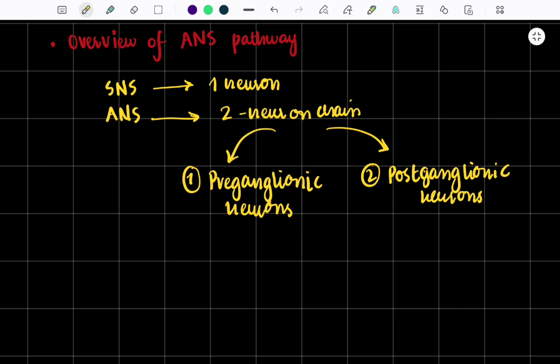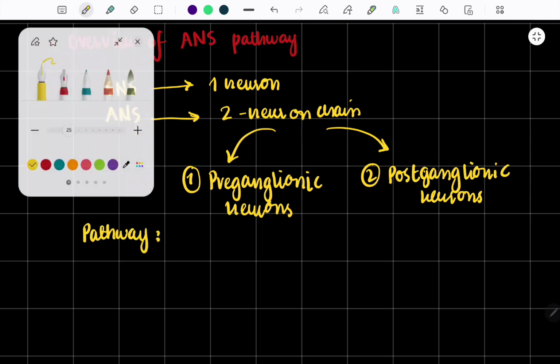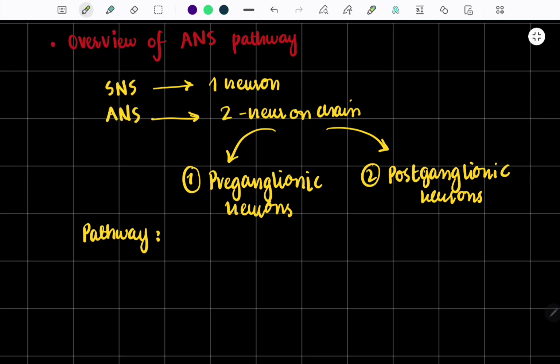Now let us discuss the pathway of the nerve impulse, so that we will discuss each segment of the pathway individually, right? So what is the pathway? We all know that the CNS is responsible for processing all the input that it has received from the sensory neurons. Now, this processed information as an output travels to the preganglionic neurons.